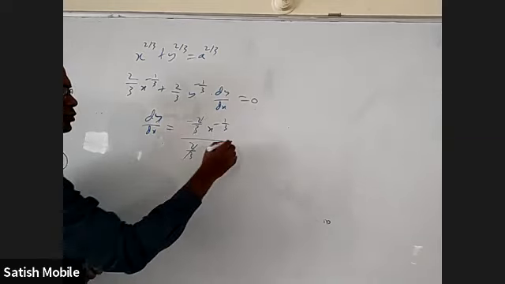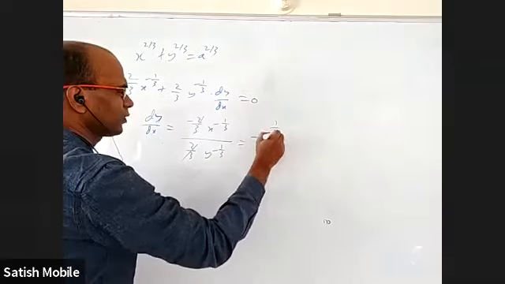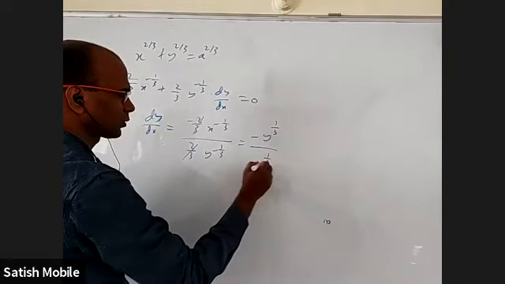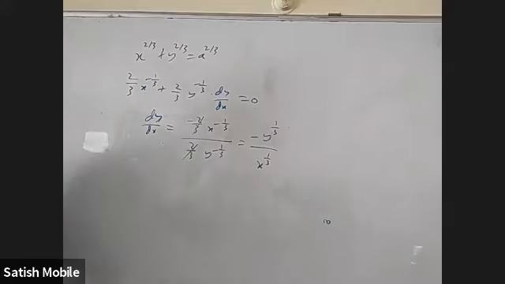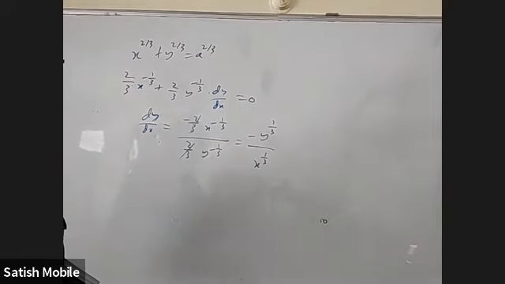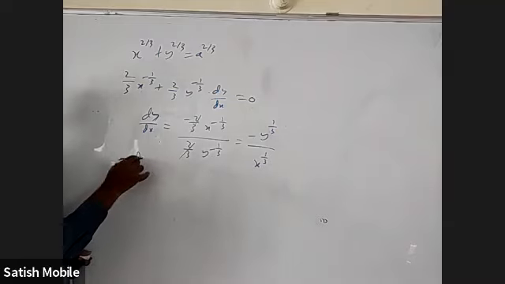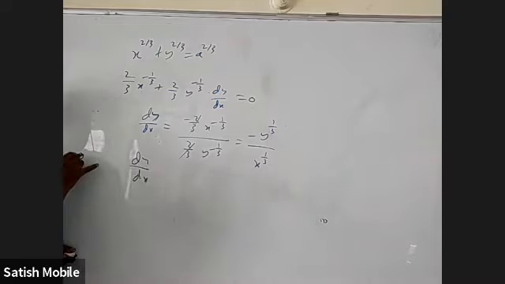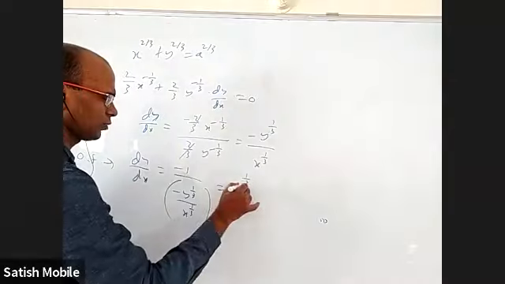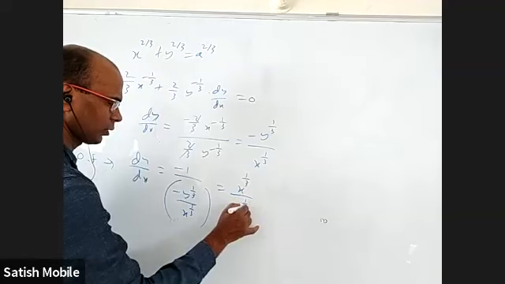I can cancel these two: minus y power 1 by 3 by x power 1 by 3. So this is the dy by dx for the original family, and the dy by dx for the orthogonal family is minus 1 by this, which is x power 1 by 3 by y power 1 by 3.